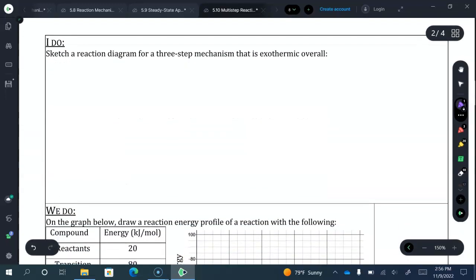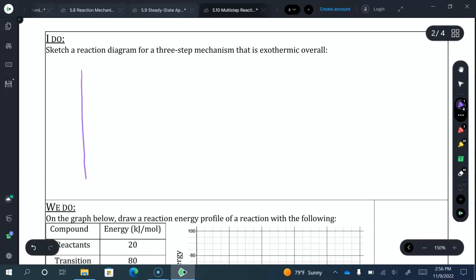Okay, so we are going to sketch a reaction diagram for a three-step mechanism that is overall exothermic. So it didn't give us a whole bunch, but we always start with our graph where this is potential energy. And this on our x-axis is our reaction progress.